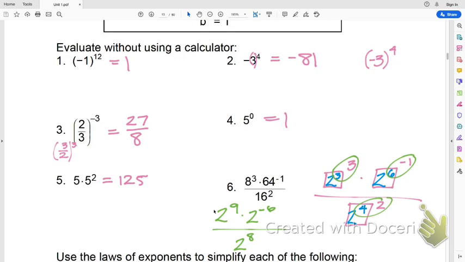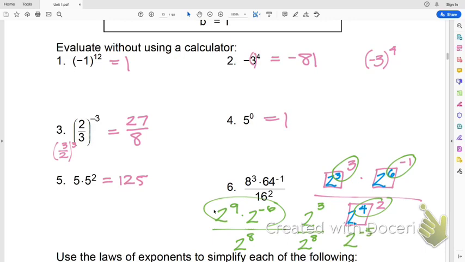So that's my preference. So if I did that on the top, this is the multiplication rule, which says keep the base and do what with my exponents? Add them. Now I'm in a division situation. Our division rule says keep the base, do what with your exponents? Subtract. So if I do that, I get 2 to the negative 5th.